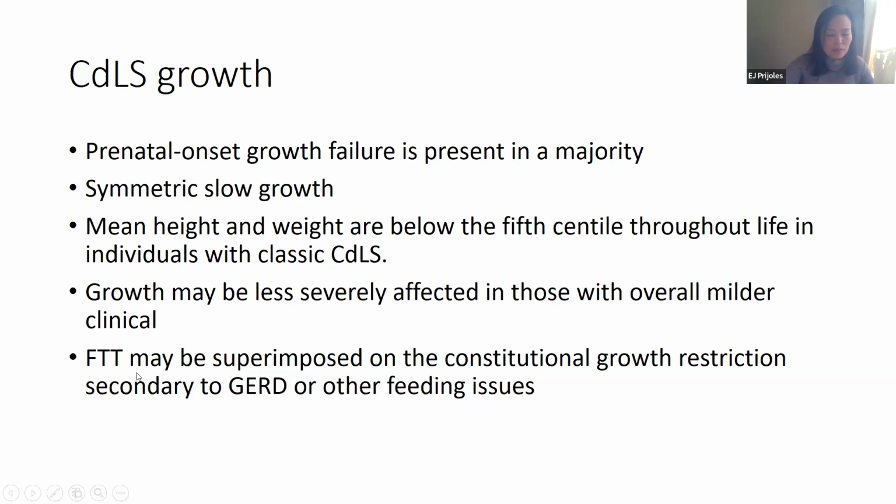And with the failure to thrive, remember that this may be magnified when there is underlying feeding issues and gastroesophageal reflux that may contribute more to the growth abnormalities.